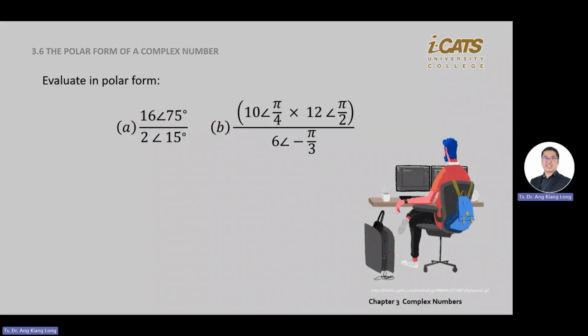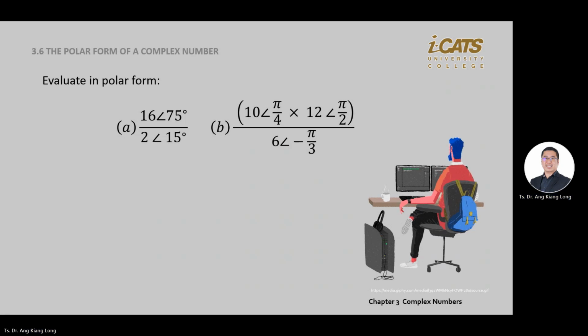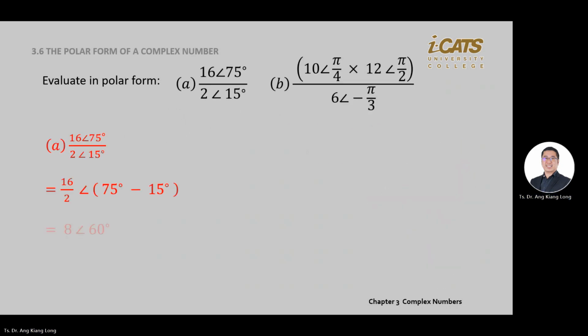Okay, so you will see something like this. How do you do it? Here you just divide, but only the angle is minus. And this one is also the same. You do the top one, then only you do the divide. The first one should be no issue. 16 by 2 is 8. 75 minus 15 is 60.